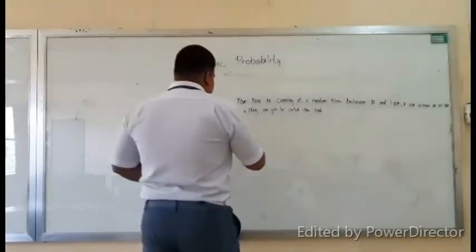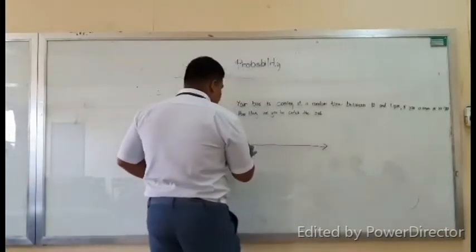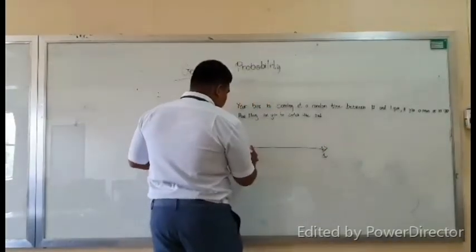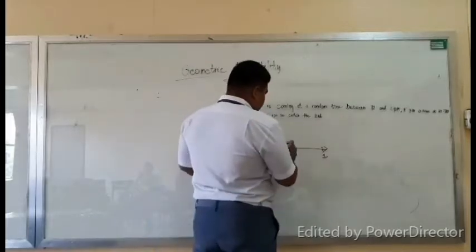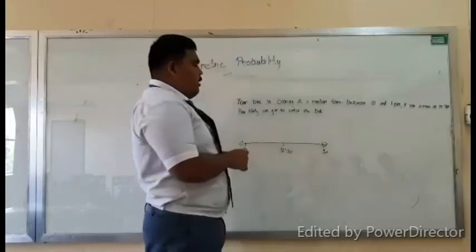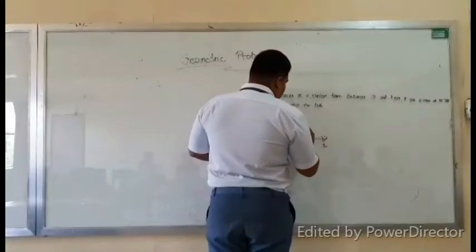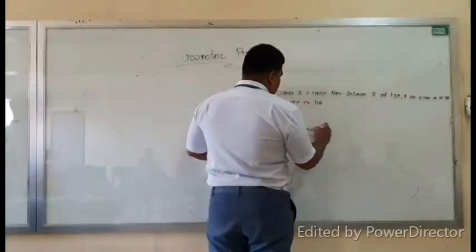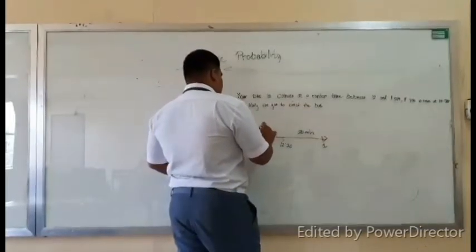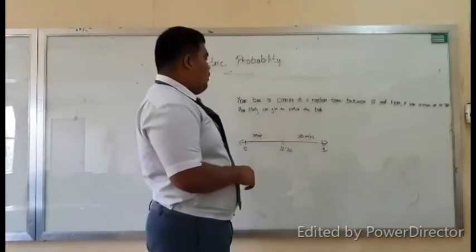We will draw a line. This point will be 1 p.m., and this is 12 p.m., and here is 12:30 p.m. How far is 12:30 from 1? It's exactly 30 minutes apart, and from 12 to 12:30 is also exactly 30 minutes. So how likely are you to catch the bus?